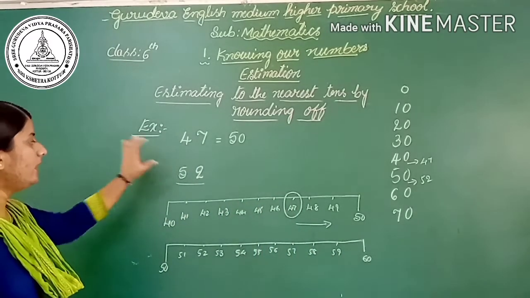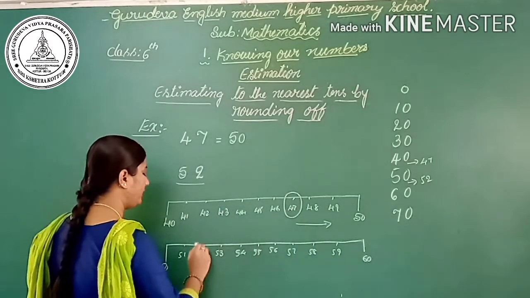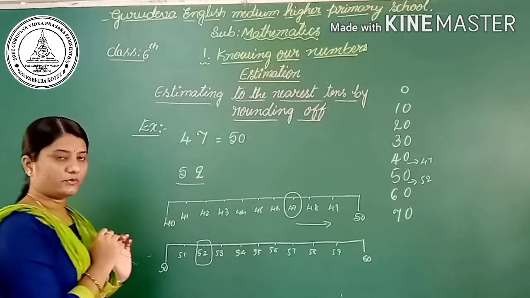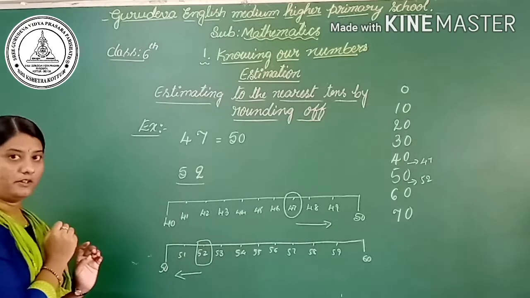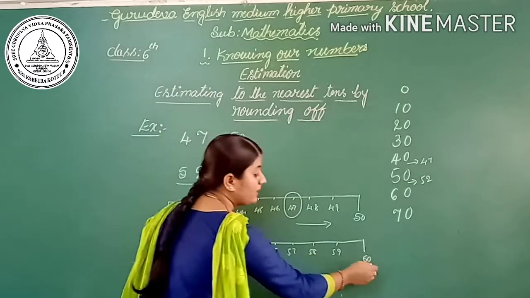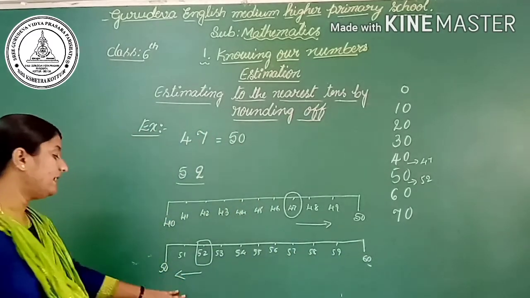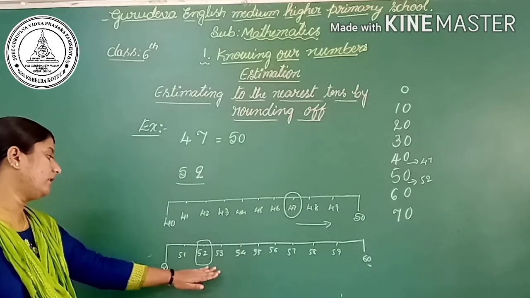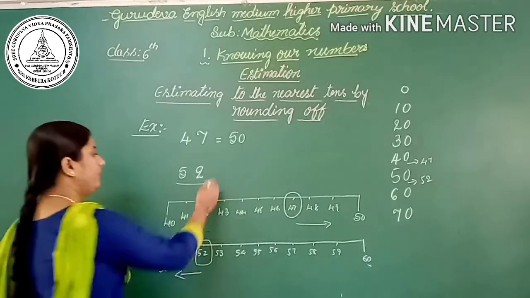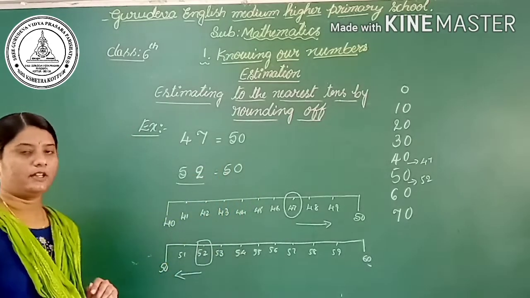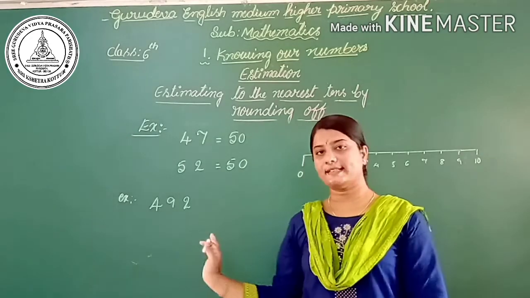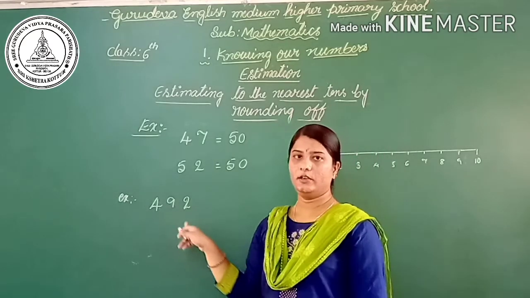Let's look at the 52. Once you observe, 52 is closer to 50 and it is far away from the 60. So the nearest tens place of the 52 is 50. We can round it to 50.